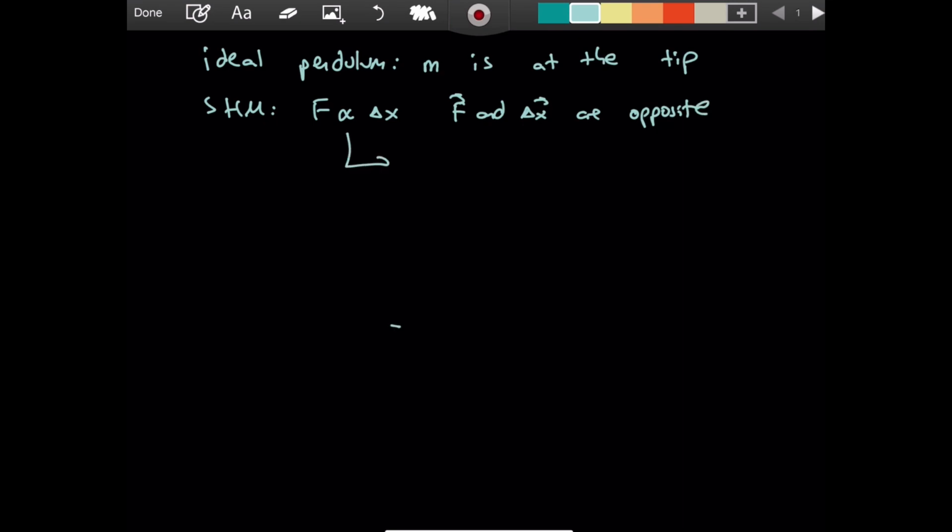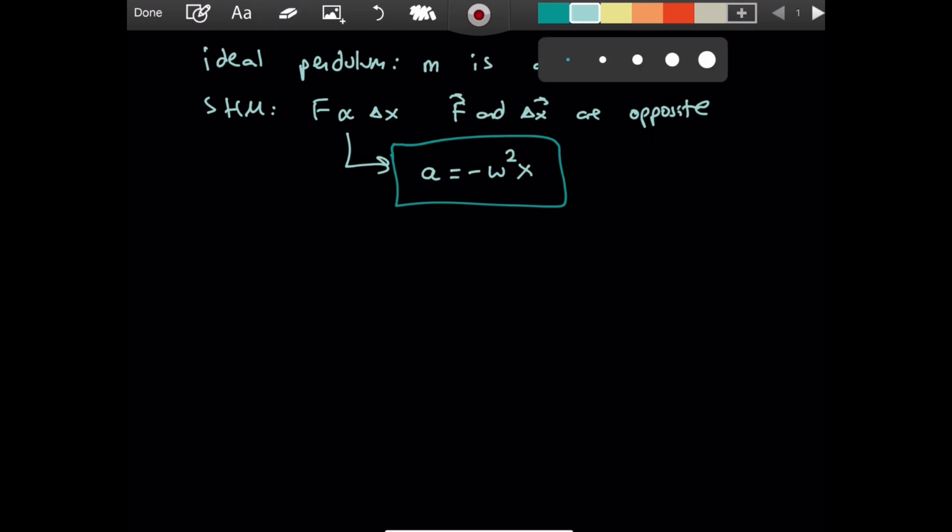Now, as a result of this, the acceleration is equal to a negative constant, which we call negative omega squared, the angular frequency squared, times x. So this is the formula for simple harmonic motion, okay?